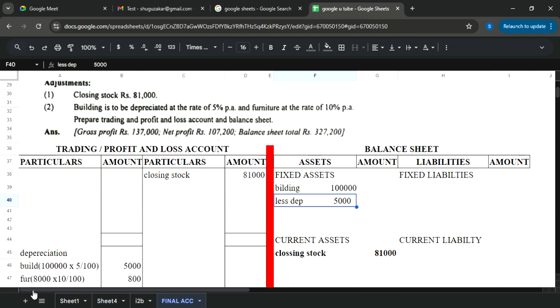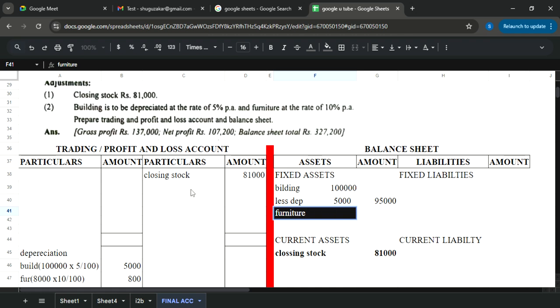So now please note it down. Value of building was 1 lakh and amount of depreciation is 5,000. This means original value was 1 lakh, 5,000 has been depreciated. Remaining amount you will be writing over here. So 1 lakh was original amount and 5,000 has been depreciated. 95,000 is net amount.